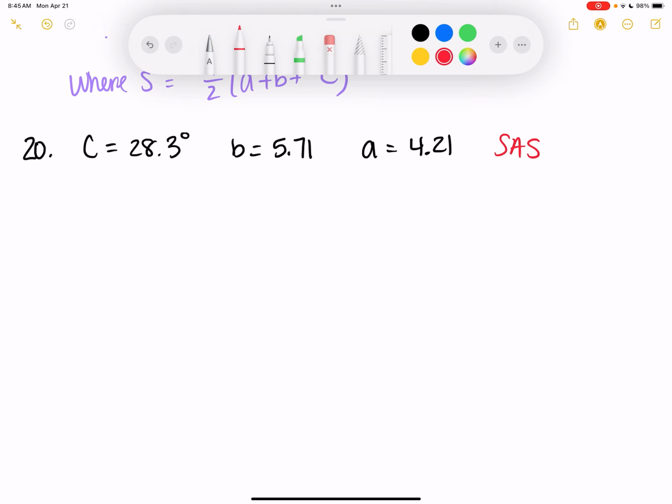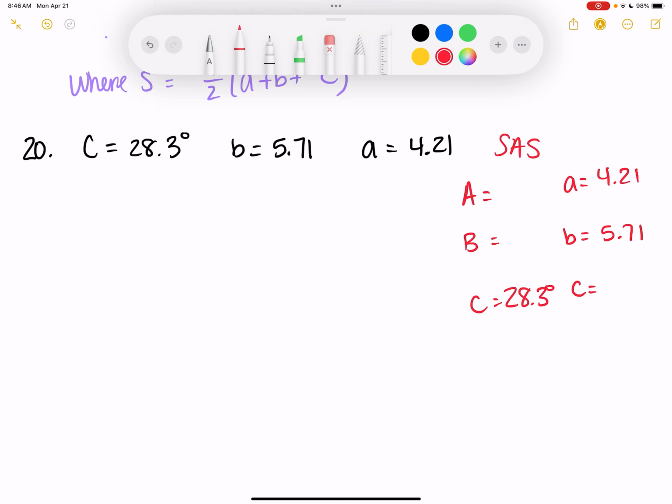Anyways, so I like to go ahead and set up all the things that I'm solving for just so that I have it and I can make sure that I've got what I need. So 28.3, got 4.21, and 5.71.